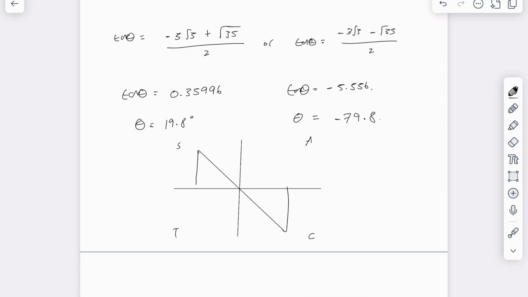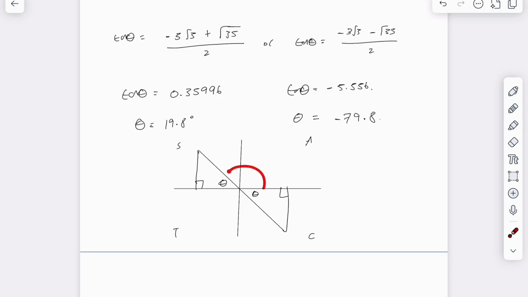Because if we draw the triangles, and we kind of work out tan for each triangle, then we get the answer. Okay, so this is where tan is negative in these two quadrants, and we're going to pretend that we've gotten a negative here, okay, and we're just going to work out tan of 79.8 degrees for each of these triangles.